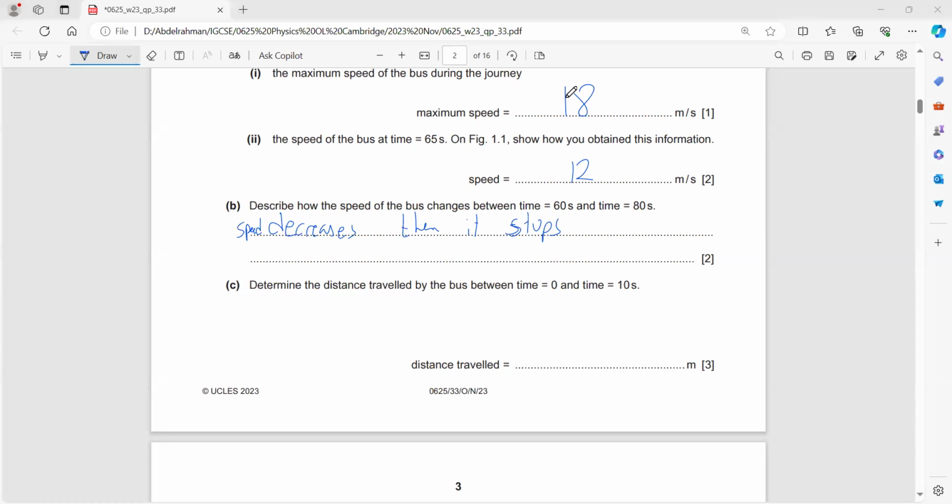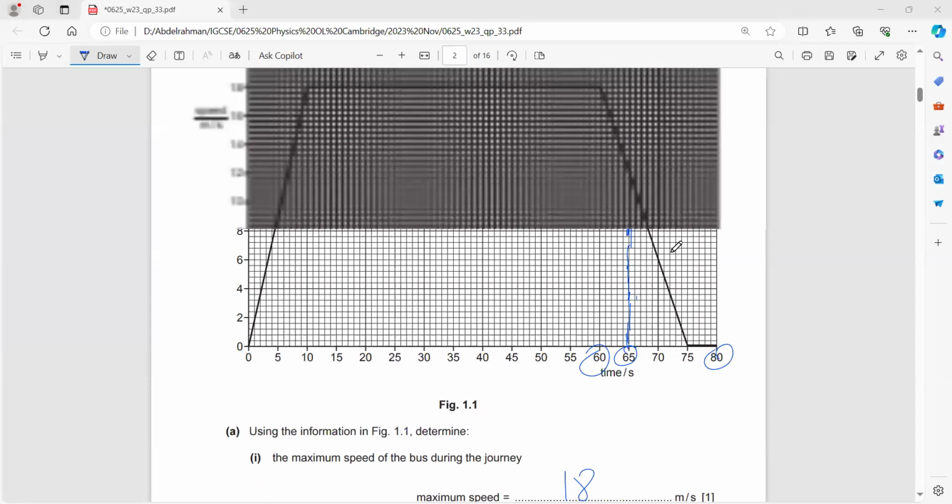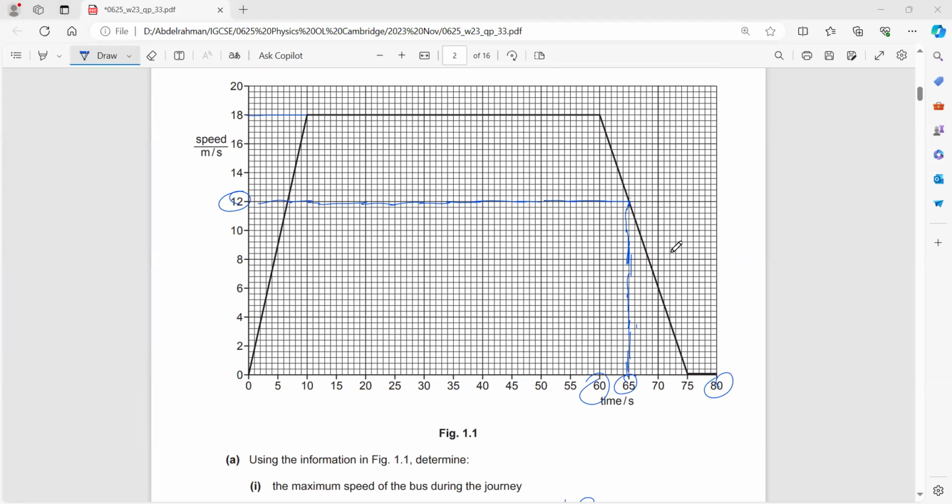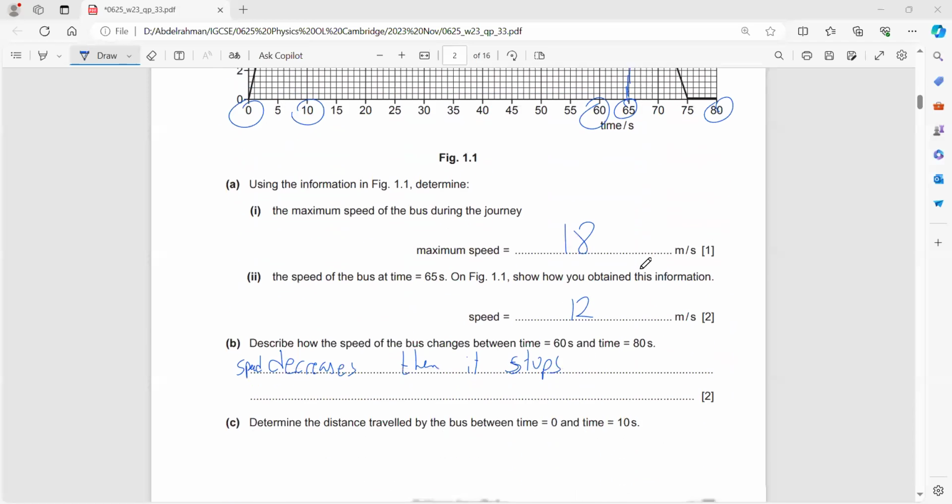Determine the distance traveled between 0 and 10 seconds. How can I calculate the distance traveled? Area under the graph. What is the area from 0 to 10? This is a triangle, so half times base times height.